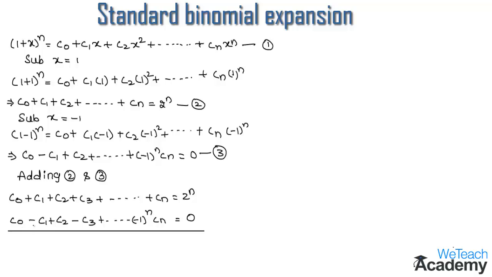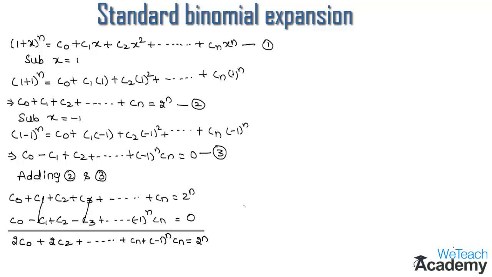We observe that c1 and −c1 and c3 and −c3 get cancelled, and by adding the remaining terms we get c0 + c0 as 2c0 and c2 + c2 would come as 2c2 + so on. Coming over to the nth term, by adding we get here cn + (−1)^n cn is equal to 2^n.